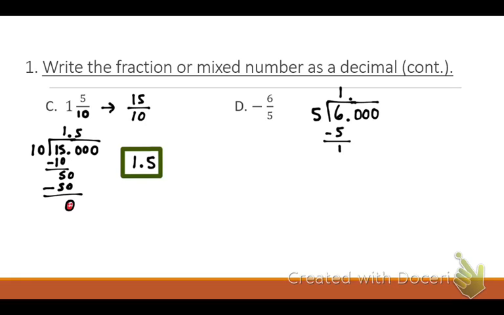How many times can 5 go into 10? 2. 2 times 5? 10. 10 minus 10? 0. Very good. What's the answer? Negative 1.2. Thank you for saying negative. Notice it was originally a negative fraction, so it's going to be a negative decimal, 1.2. Any questions on how we did that one?